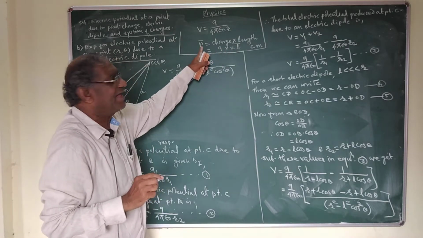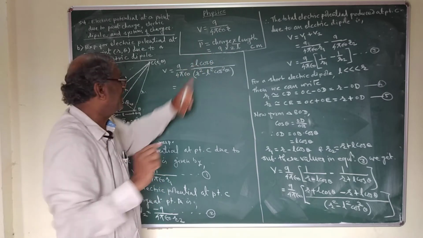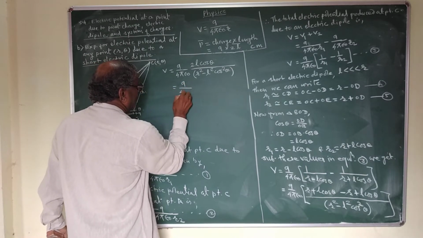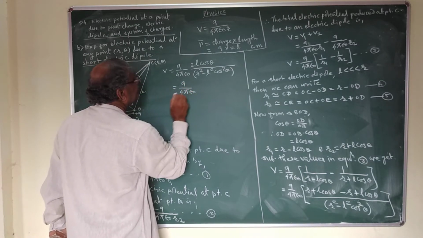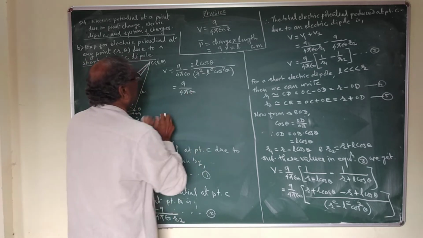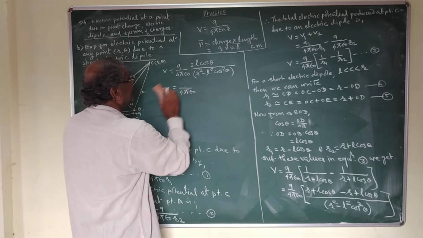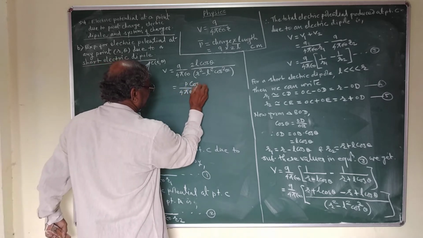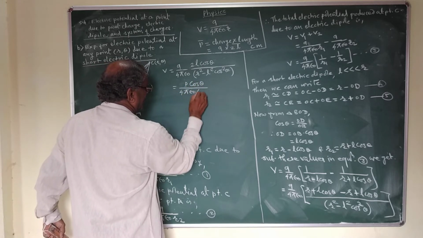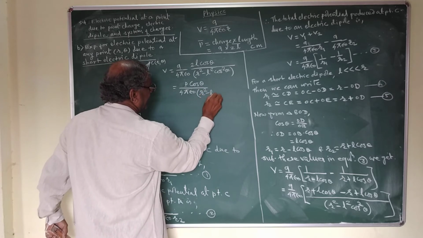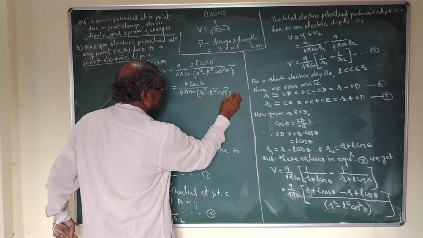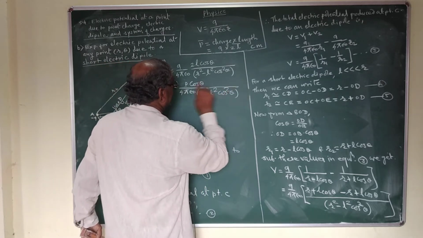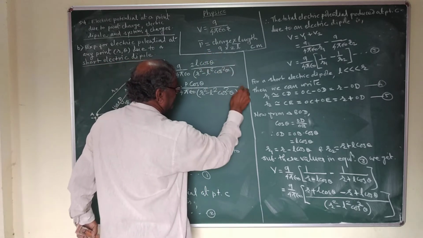2QL, this term is called the electric dipole moment. So we can write here Q upon 4 pi epsilon 0, P cos theta upon R square minus L square cos square theta, since P is equal to 2QL.